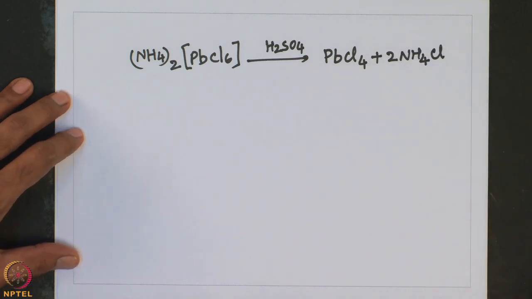So, this is how lead tetrachloride can be prepared by treatment of ammonium hexachloroplumbate with cold concentrated sulfuric acid. PbCl4 is hydrolyzed by water and decomposes to form PbCl2 and gives Cl2 when gently heated.